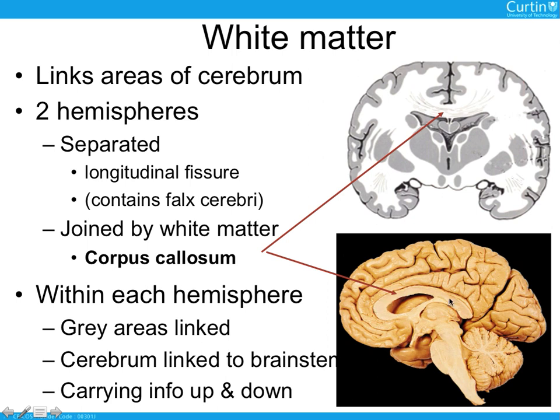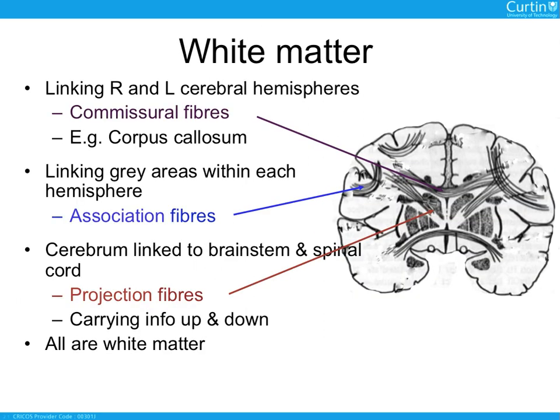There are different regions of the corpus callosum that you'll get into next year. So that's linking the two hemispheres. But what about links between the anterior and posterior portions, for example, of a single hemisphere? Well, for that, we need association fibers.